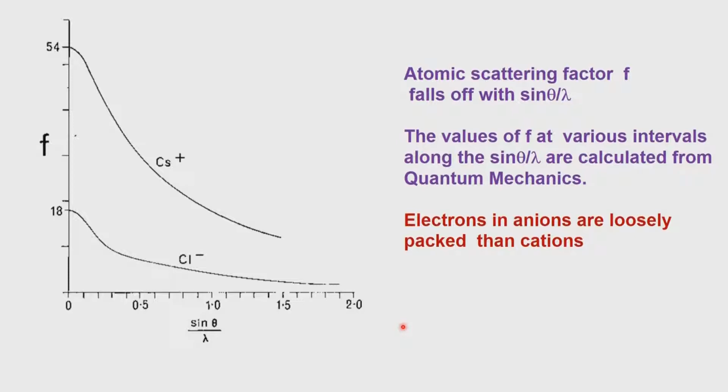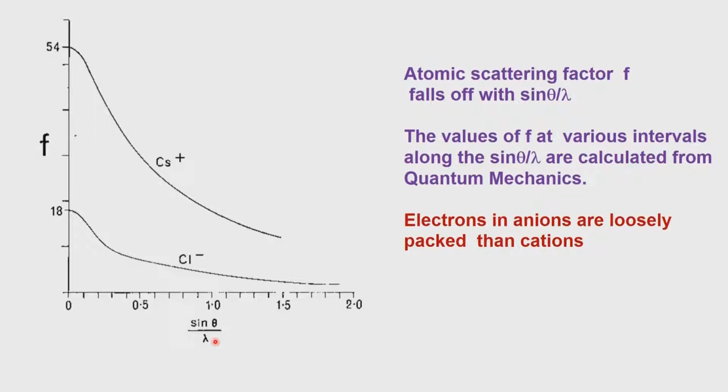So, we have plotted here the atomic scattering factor f and its variability with sin theta by lambda, because we would like to see this independent of the wavelength which we are going to use. So, we show the sin theta by lambda, so that it is a universally valid curve for all wavelengths which we can use.